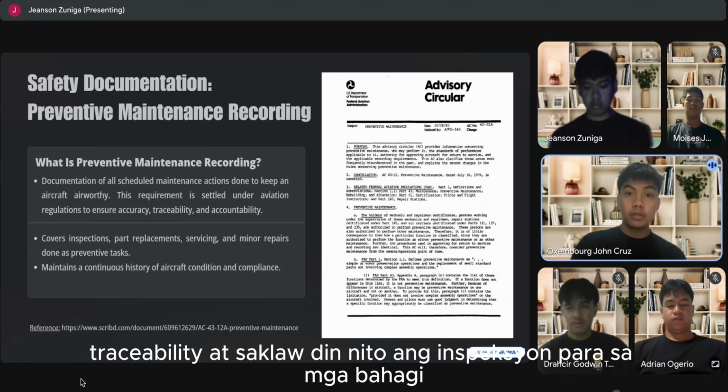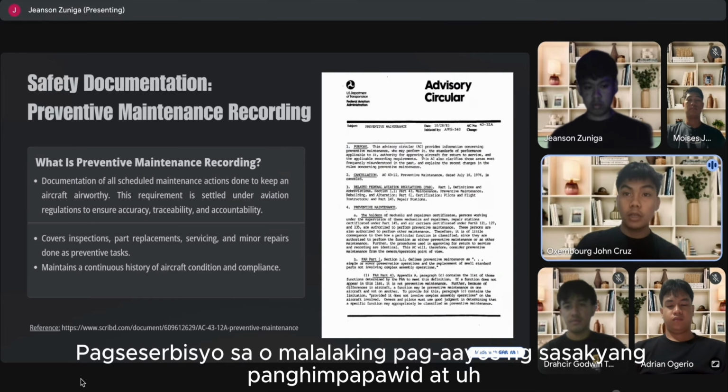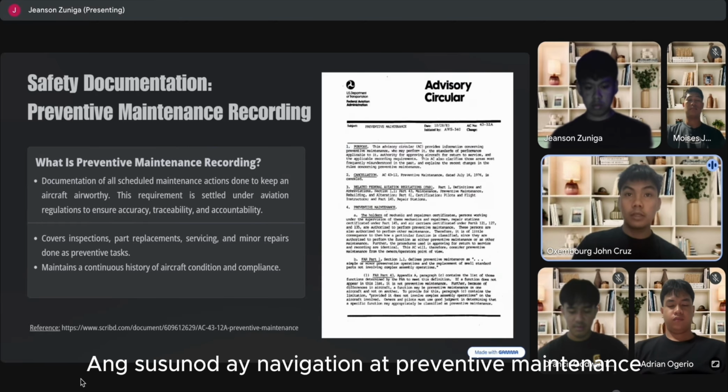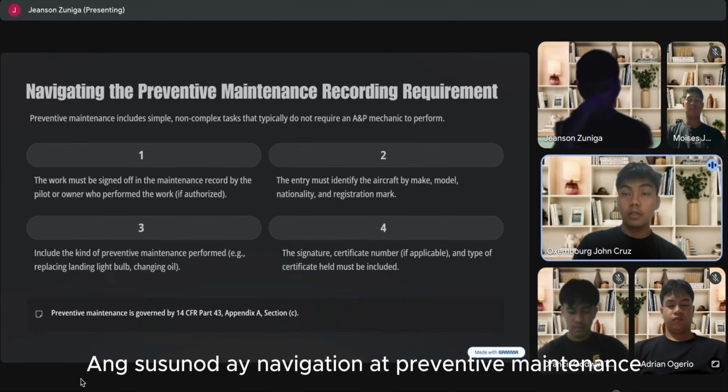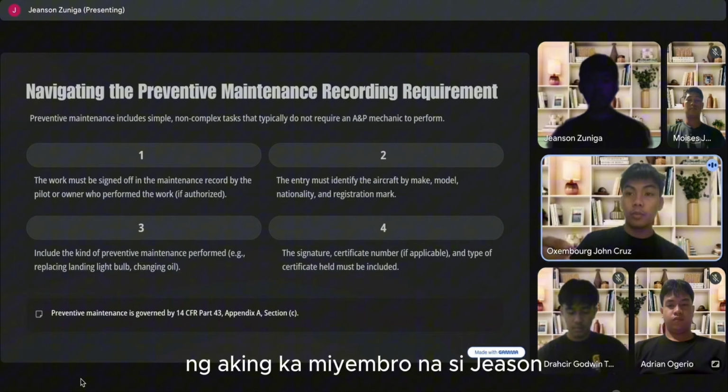This also covers inspection of parts, servicing, or major repairs of the aircraft. Next, navigating preventive maintenance will be reported by my other member, Jason.